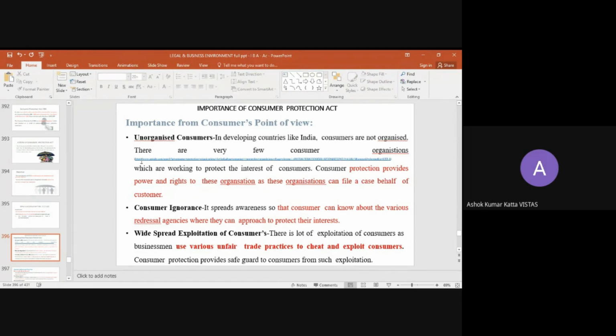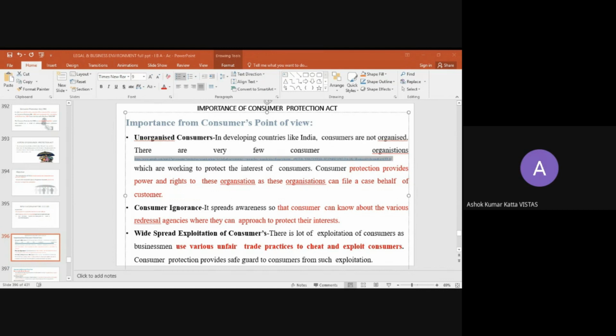So here I have given a web link. If you click this web link, automatically you will be able to find 8 to 9 different consumer protection organizations. If in case you find some difficulty, I'm going to share the web link in the chat box also.